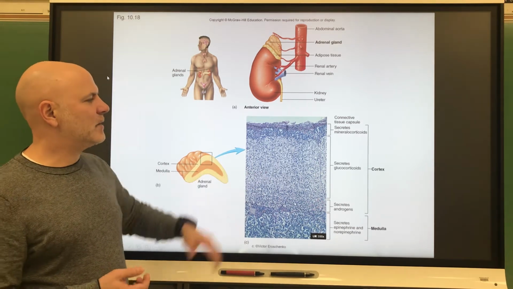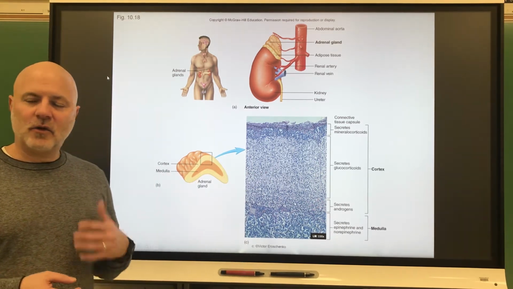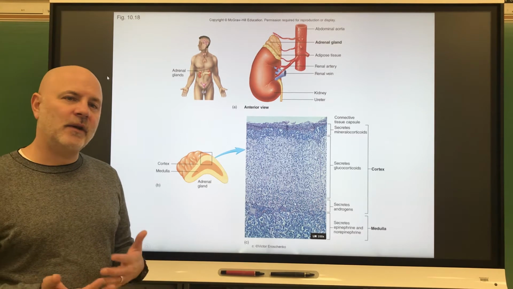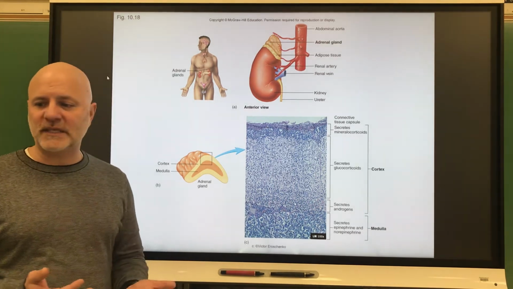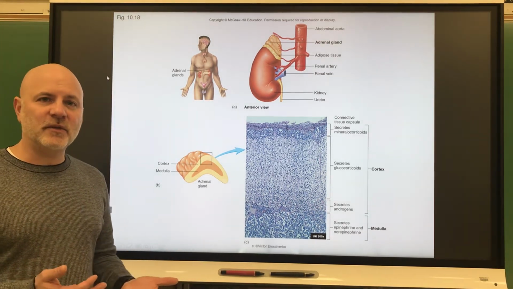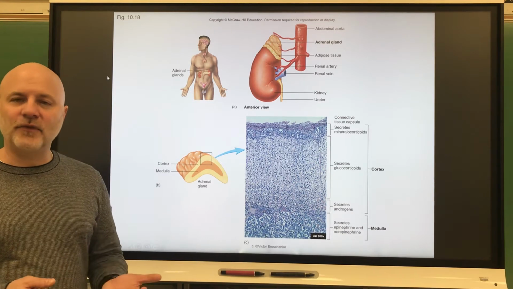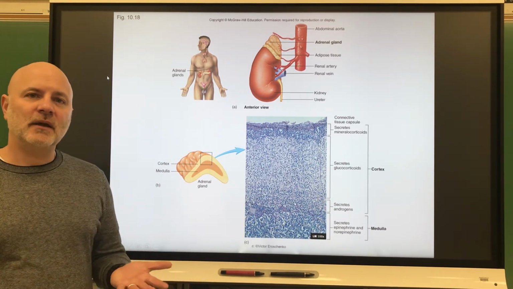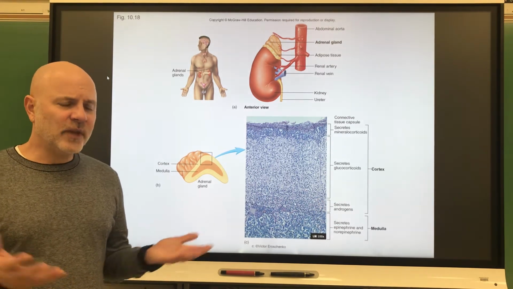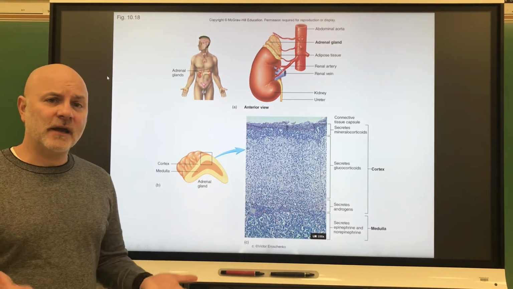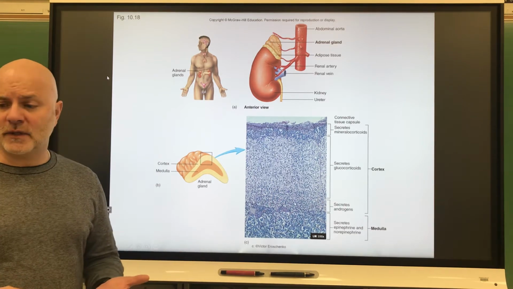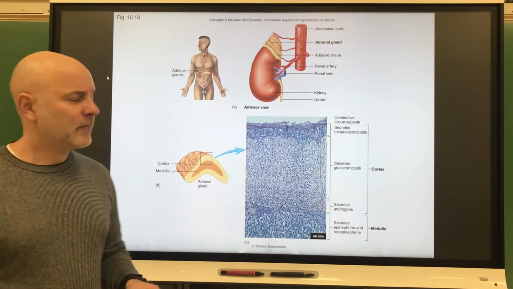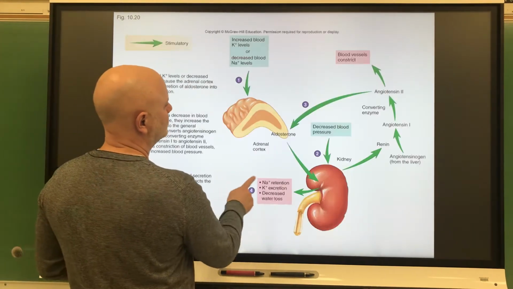The other hormone secreted here is cortisol. Cortisol is also a stress hormone, and it's going to regulate our glucose metabolism. It also inhibits protein synthesis, and it influences fat metabolism by releasing fat molecules into the blood, because if you're being chased by a bear, you want a lot of energy molecules in your blood so you can use those.